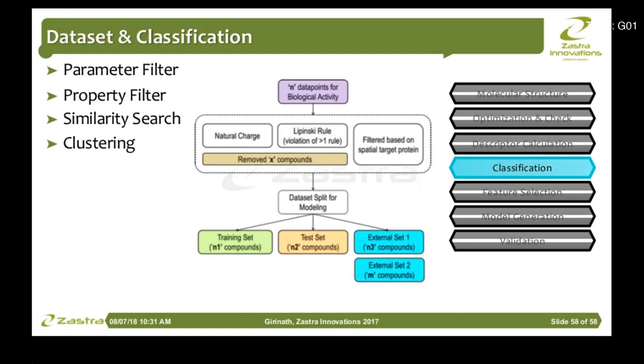But when we got sophisticated software, where on a click of a button the whole workflow is done, we started playing around with the diverse set. A diverse set is always recommended for better coverage of diverse classes of chemical molecules. But you have to take care of a lot of statistical parameters so that you don't have false positives, because there are more chances of false positives in diverse sets. So you have to be very careful.